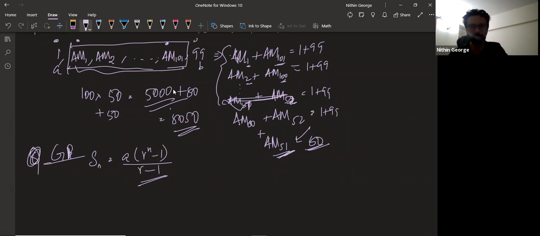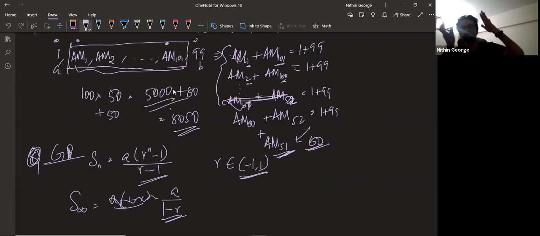We already know this, right? For an infinite series, the sum can be finite. For that, what is the condition? A by 1 minus R is the sum to infinity because we put R between minus 1 and 1. Okay. R should be between minus 1 and 1.